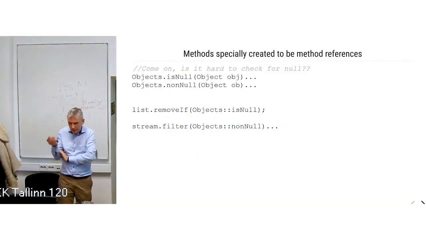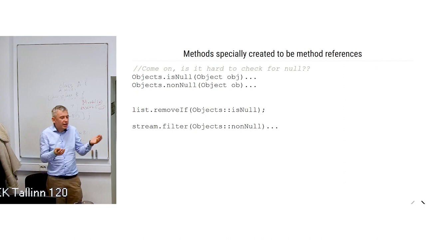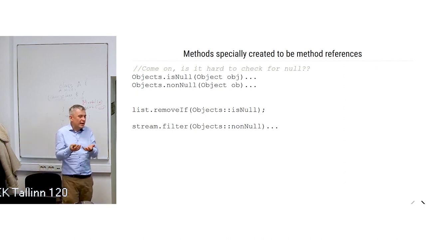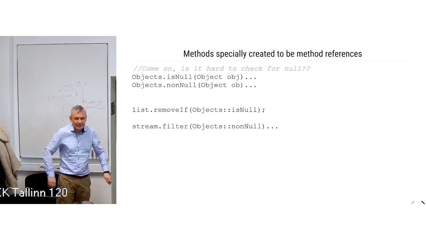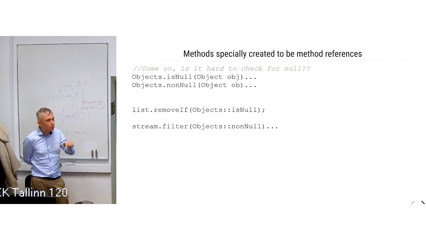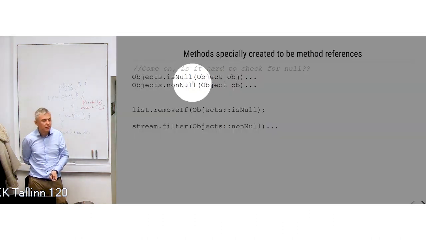So come on, you might think, is it hard to check it using a simple if? Why do they put this stupid thing inside the standard library? They put it inside the standard library on purpose, and this purpose is to use these methods as method references.